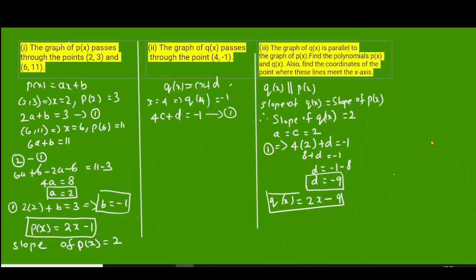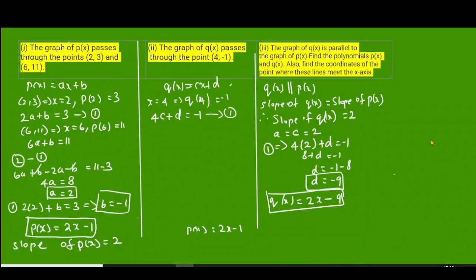Then the next question they raised here: find also the coordinates of the points where the lines meet the x-axis. What is an x-axis point? An x-axis point is nothing but x comma 0. So take P of x equal to 2x minus 1.